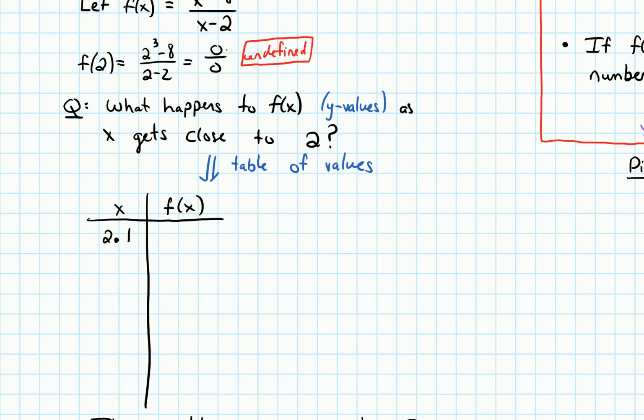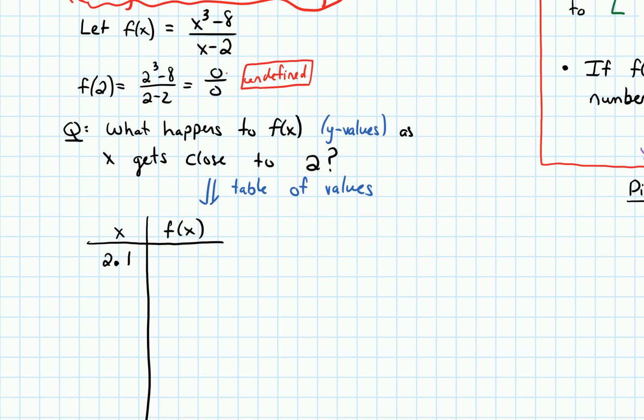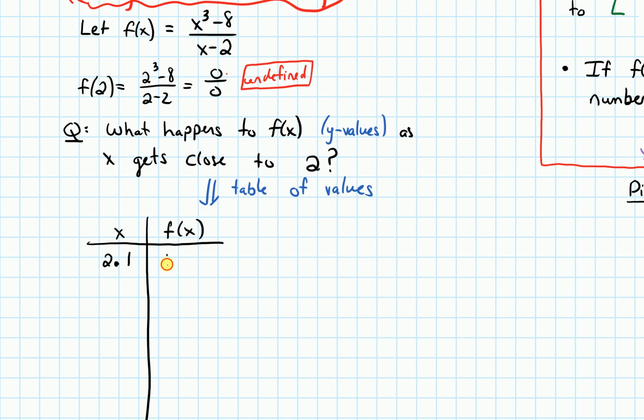I went ahead and did this already with a calculator ahead of time, so I'm just going to tell you what it is. If we plug that into our function, we end up with 12.61. Okay, so let's plug in something even closer to 2, like 2.01. If we plug that in, we get 12.0601.